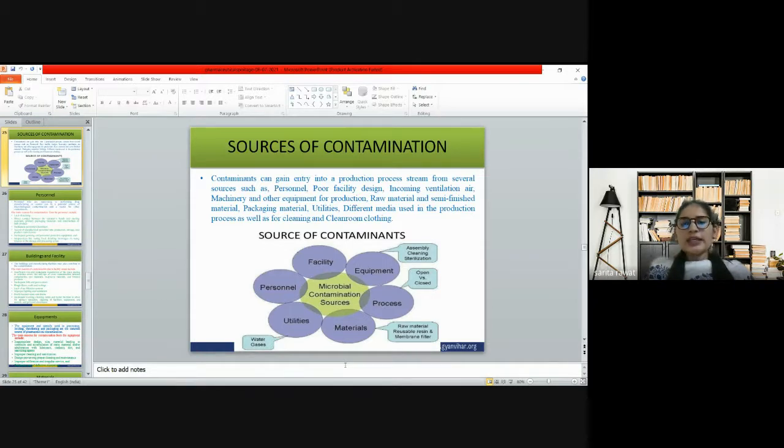So, different media used in the production process as well as for cleaning, and clean room clothing. So we can see in this picture the sources of contamination.